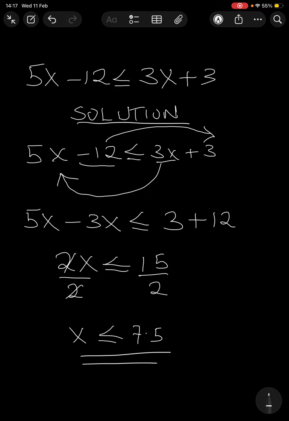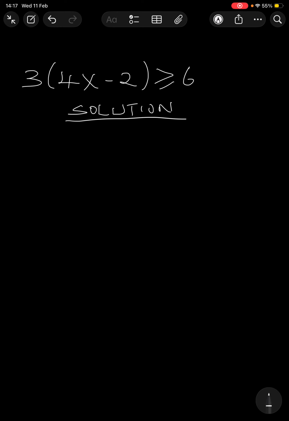Next, example 3. We have 3, open the bracket, 4x minus 2, greater or equal to 6. Our aim is to solve for x.